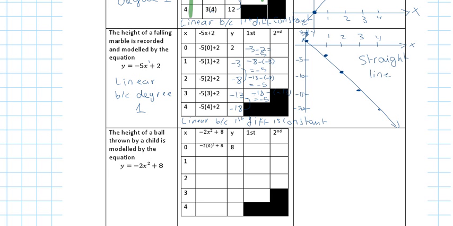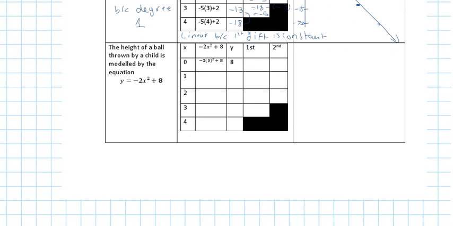Now let's look at this example. The height of a ball hit by a child is modeled by the equation y equals negative 2x squared plus 8. Looking at this equation, what can you tell me? Quadratic. Why is it quadratic?